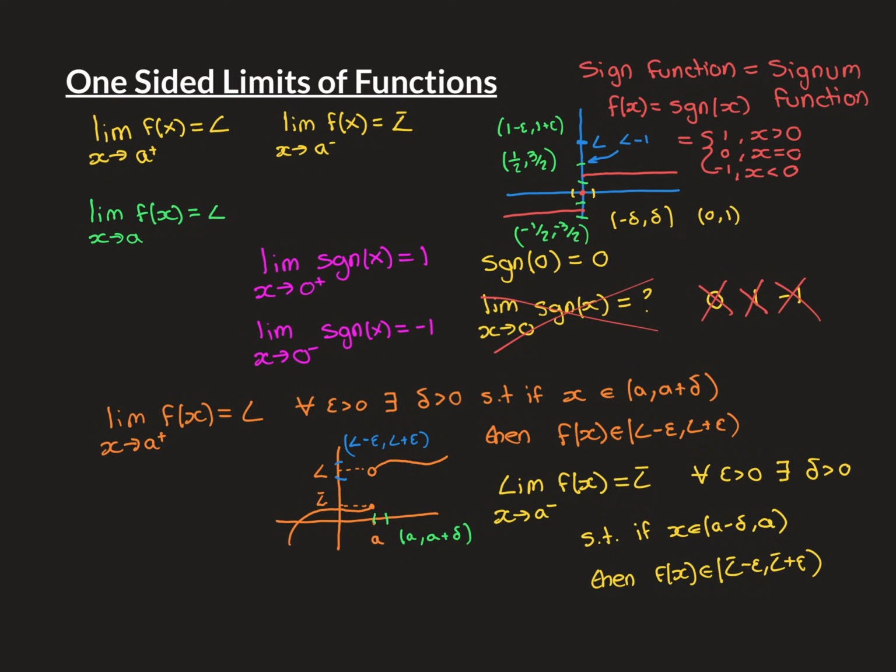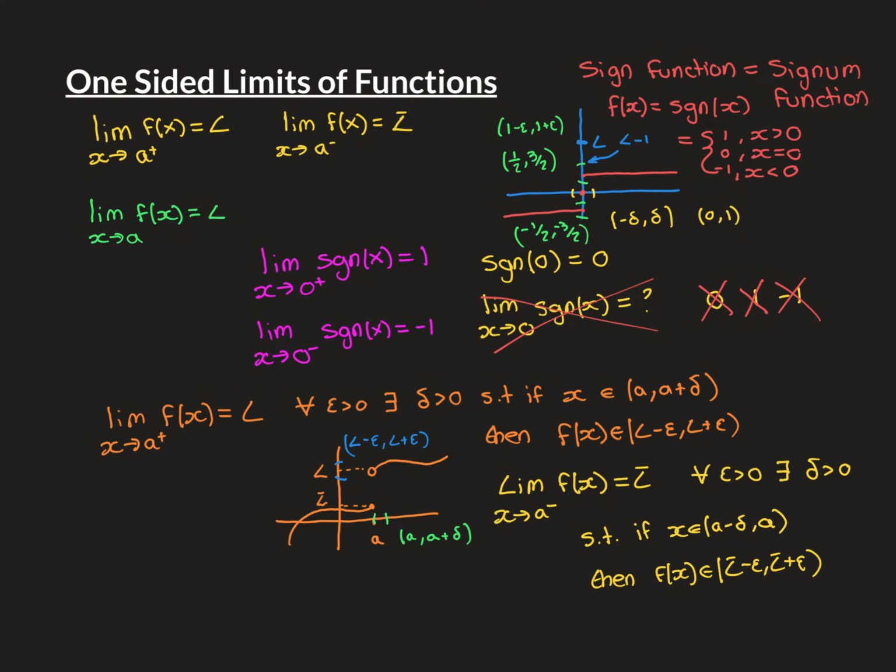So this is very simple, so hopefully it should occur to you what changes are necessary to be made to this definition for the right-hand limit to turn it into the definition for the left-hand limit. But here it is. So the limit as x approaches a from the left-hand side of f of x is equal to L bar.